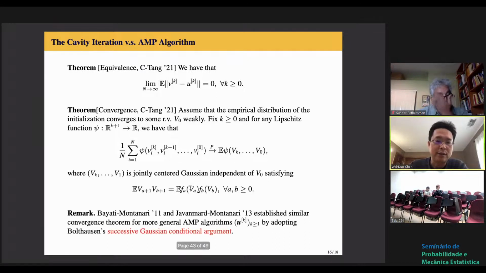Okay, in fact, this result was also proved much earlier by many papers, including Bolthausen's and then Bayati, Montanari, etc. They produced tons of papers to show this kind of convergence. One of the techniques they used was based on Bolthausen's conditioning argument.